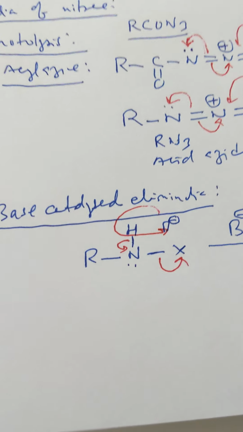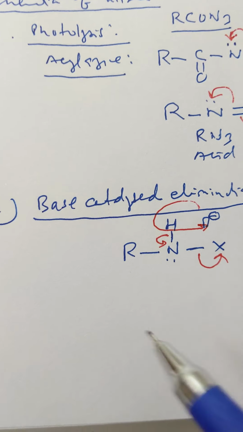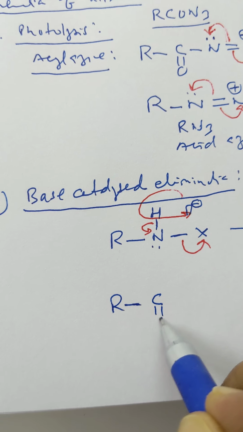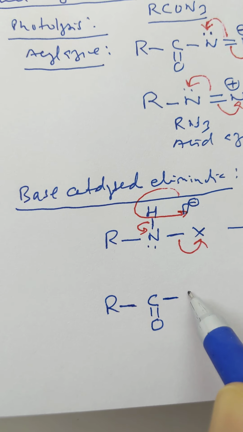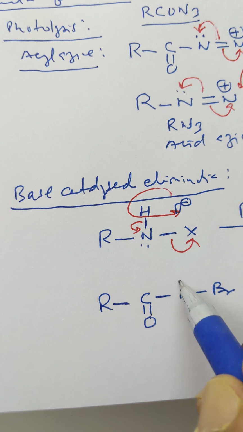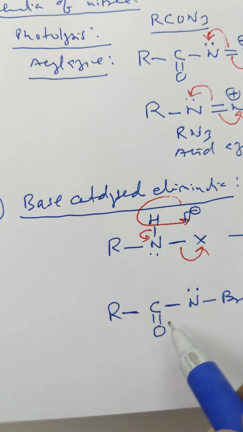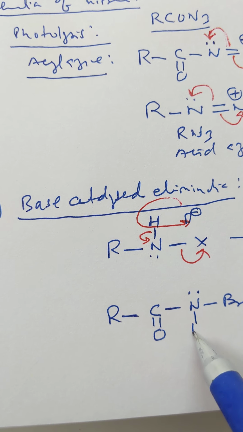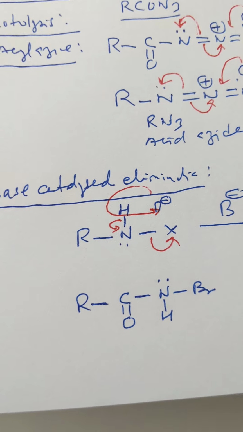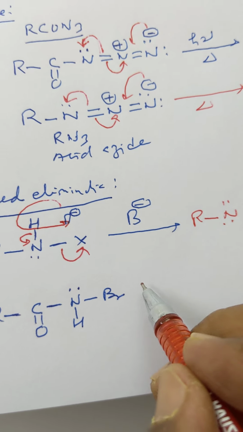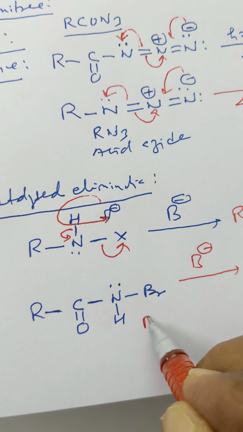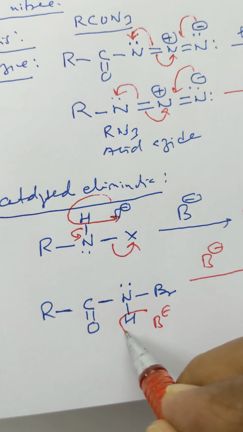Similarly, we can have amides. R C double bond O, N Br, or here it is H, amide. In the similar fashion, what will happen in this case? In presence of base, the base will abstract this proton.